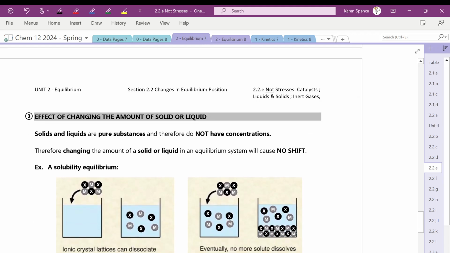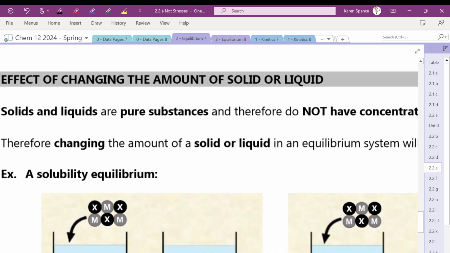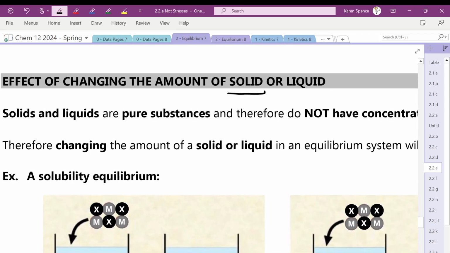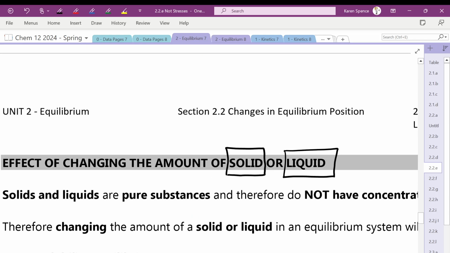Now this one, the effect of changing the amount of a solid or a liquid. What do you know about solids and liquids and concentrations? They do not have concentrations. Concentration is not meaningful.